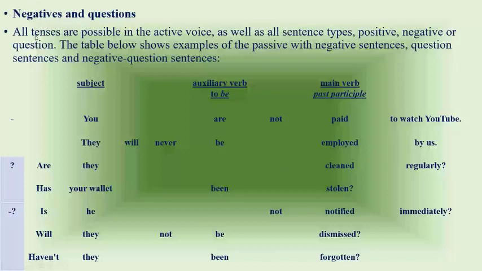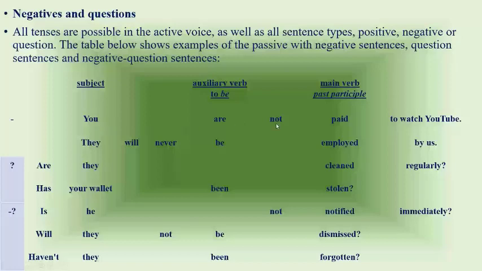Negatives and questions. Passive voice in all tenses can also be used to make negative sentences, question sentences, and negative question sentences. How? We'll see now. This is negative: you will never be employed by us.